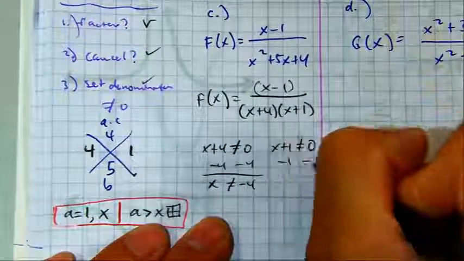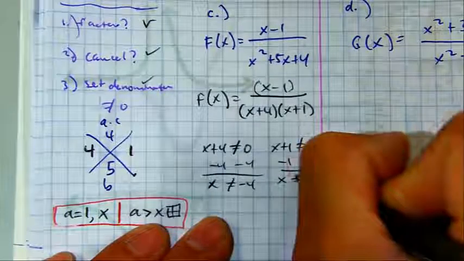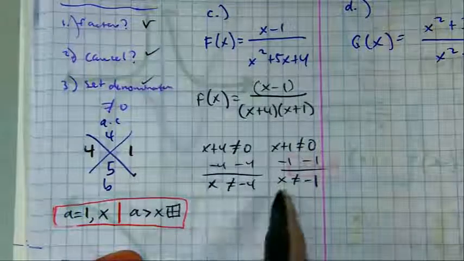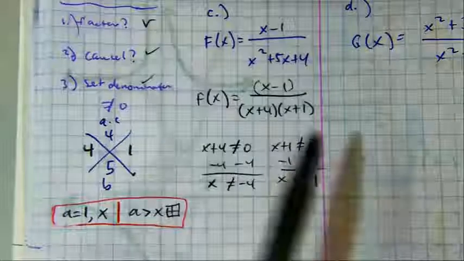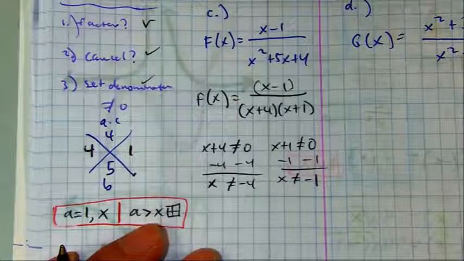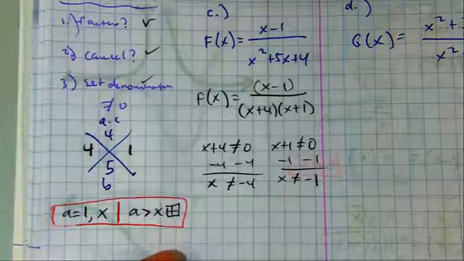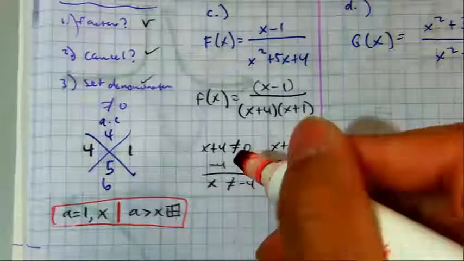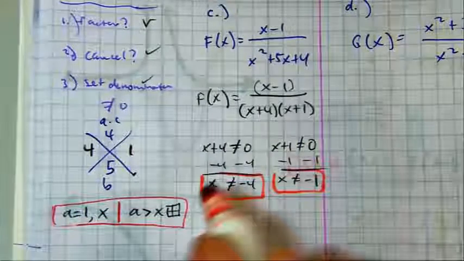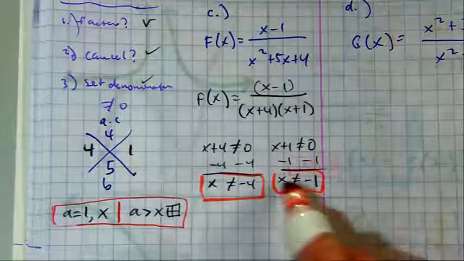Subtract 1, x can't equal negative 1. Because if you put in those two values, they will make the denominator 0. And can you divide by 0, class? No. Which means we will have vertical asymptotes at x equals negative 4 and x equals negative 1.